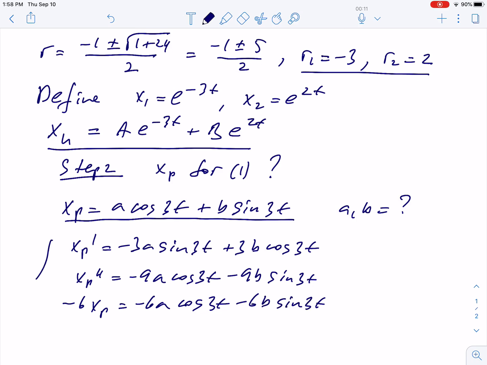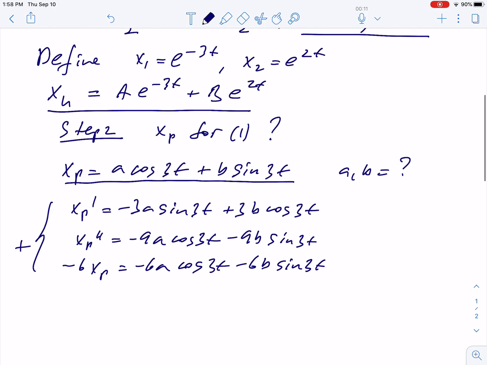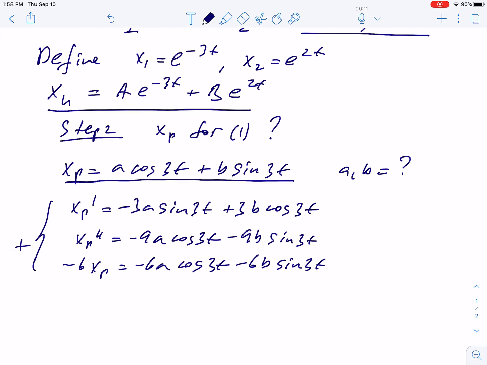And then I'm adding these three lines. Here we have xp second plus xp prime minus 6xp equals, when we're adding, we just collect like terms. First we work with the cosine, just taking the coefficient: -6a, -9a will be -15a, and plus 3b.